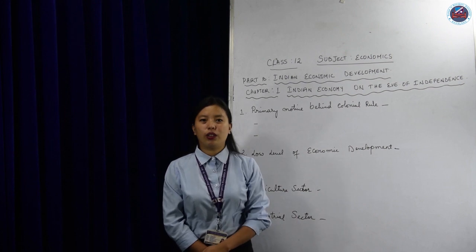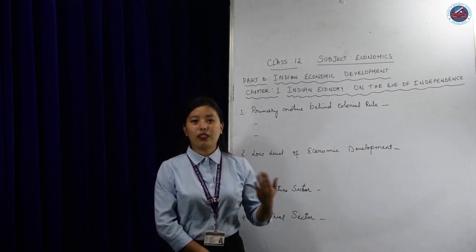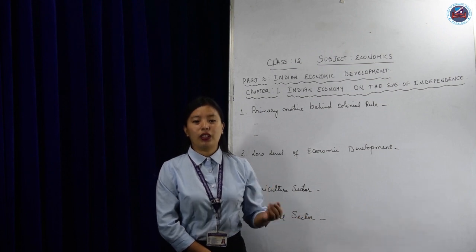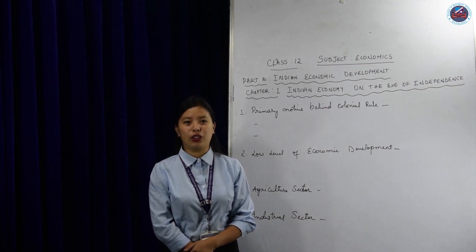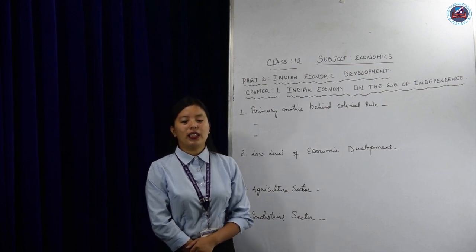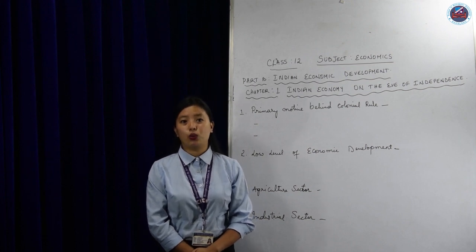The structure of the present-day Indian economy has its roots particularly in the time when India was under the colonial British rule. There was a sole purpose, a primary motive, behind the British rule in India.